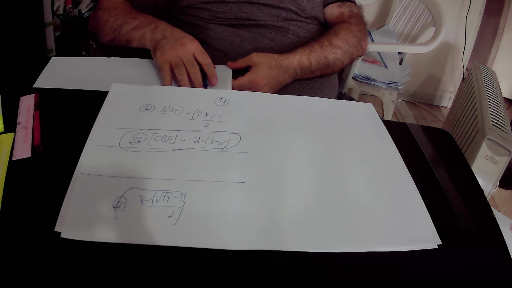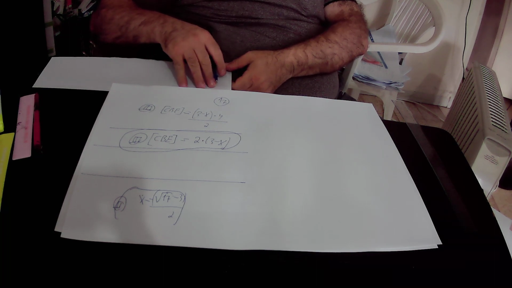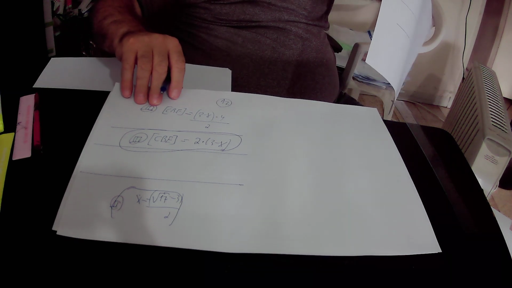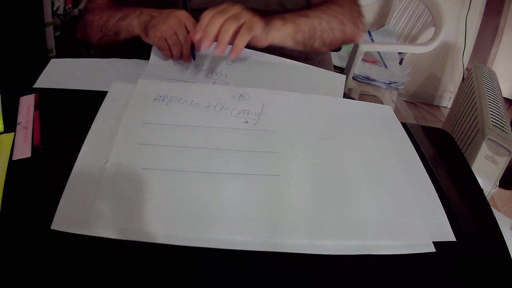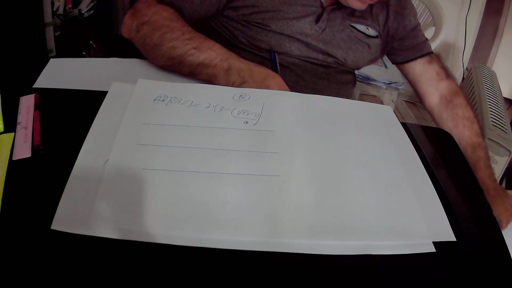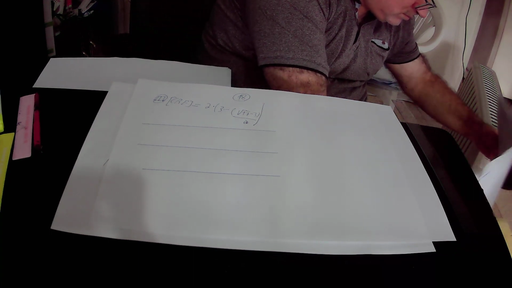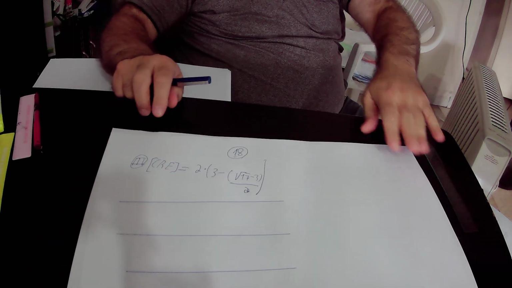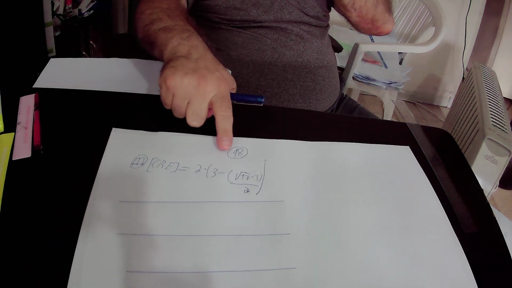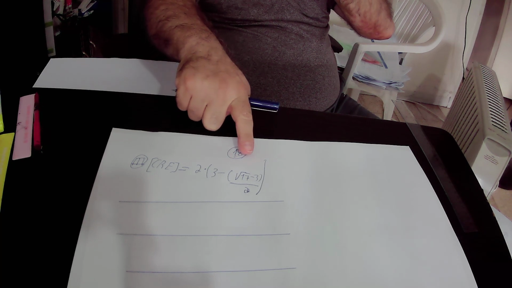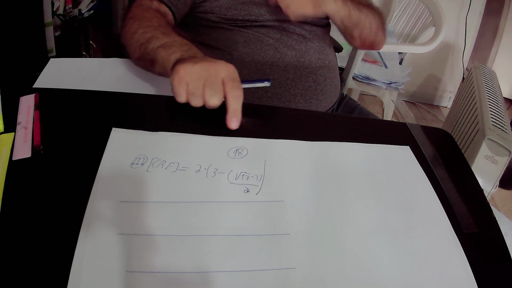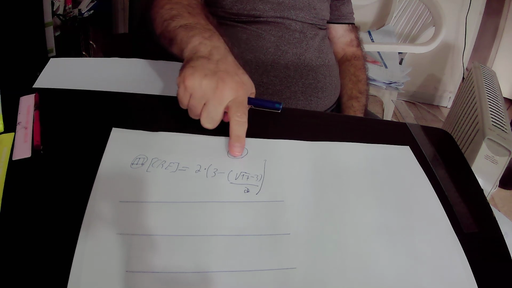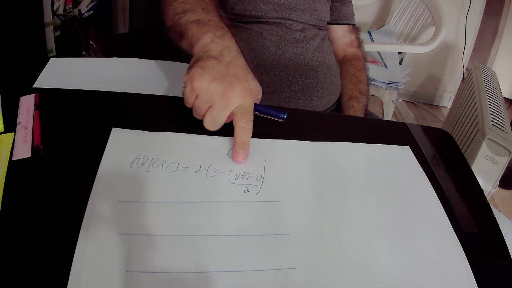So we found out that the area of the green right triangle CBE, according to equation number 3, equals 2 times 3 minus square root of 17 minus 3 over 2. Here we will multiply 3 by 2 and then divide it by 2 in order to have a common factor with this expression.